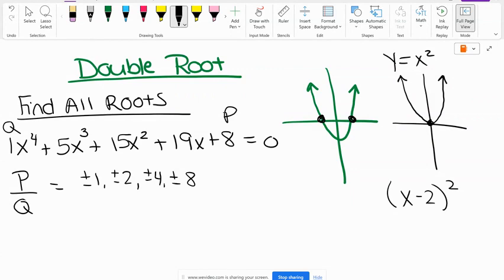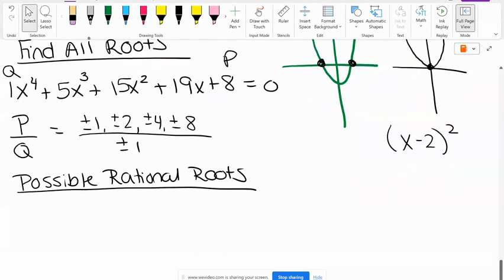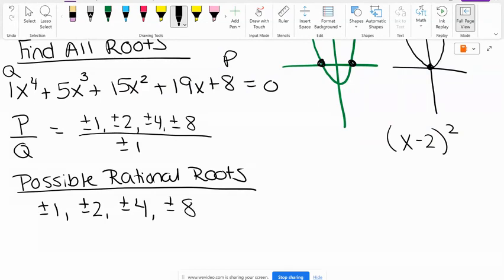What's really nice about having a leading coefficient of 1? We're not dealing with any fractions, right? It's just plus minus 1. So our possible rational roots are going to be plus minus 1, plus minus 2, plus minus 4, plus minus 8.